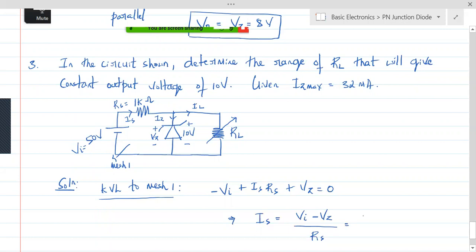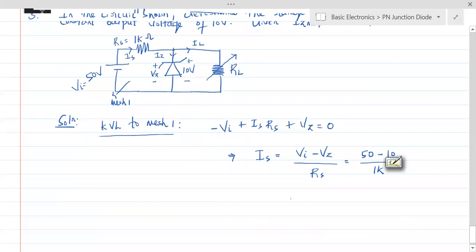What is Vi? Vi is 50 volts. What is Vz? Vz is 10 volts. And the input resistor Rs is 1 kilo ohm. So that is giving you what? Is equal to 40 milliamp. Just have this with you.